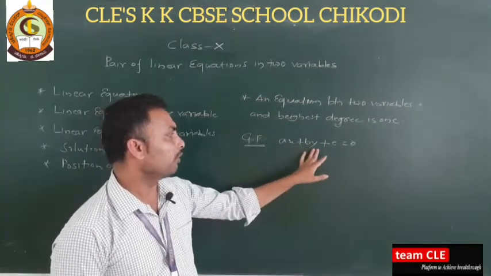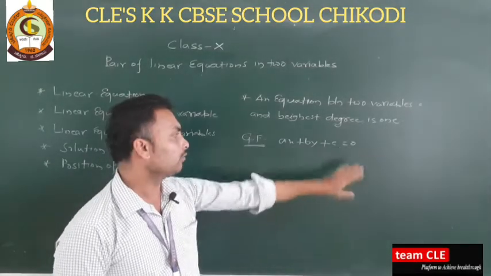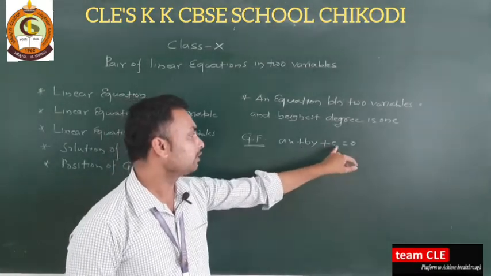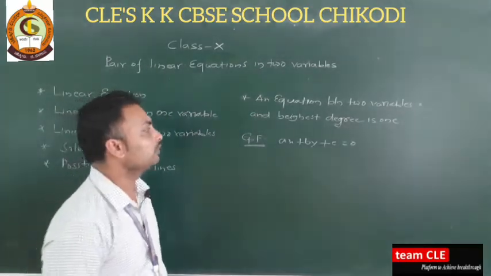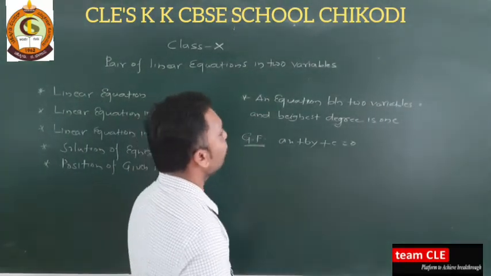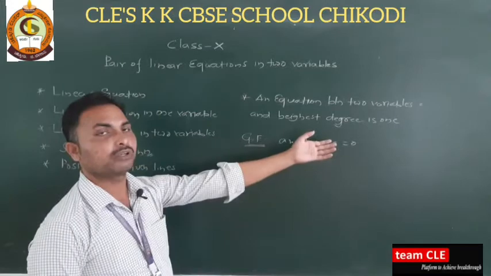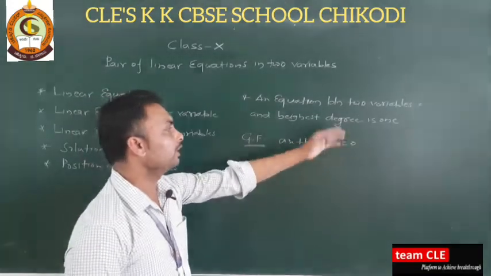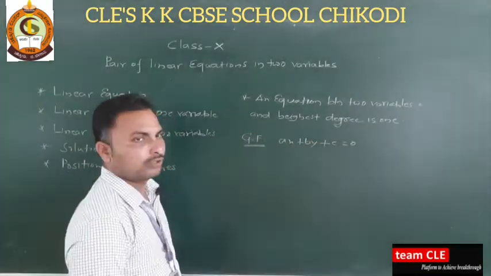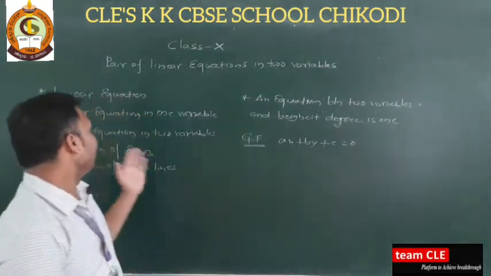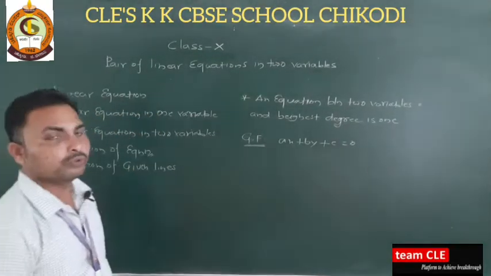And the highest degree of exponent is 1. So this is what we call a linear equation in two variables.